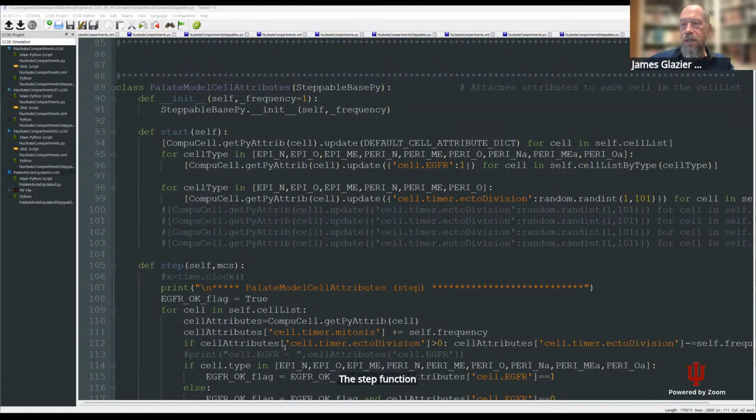You come here and it says 871, key error, cell timer ecto division. A key error means that this wasn't defined. There is no cell attribute called cell timer ecto division. So somehow we never did that definition. Maybe that's commented out earlier in the code.